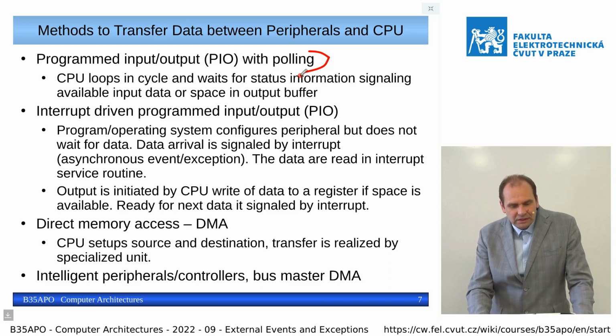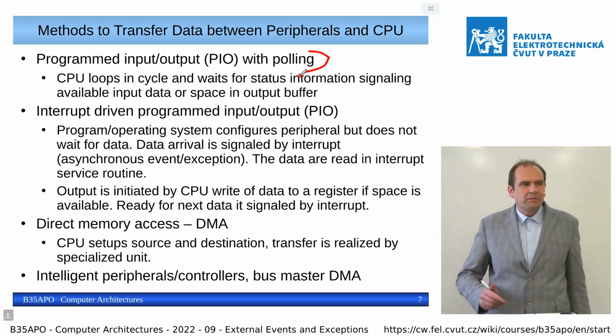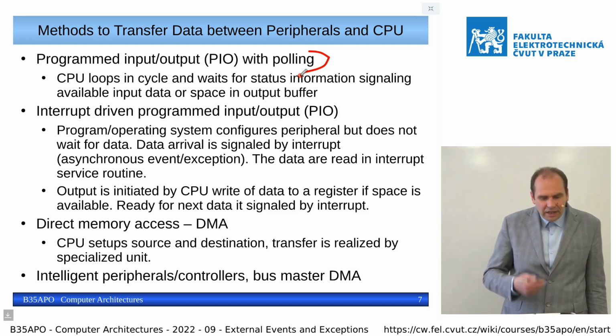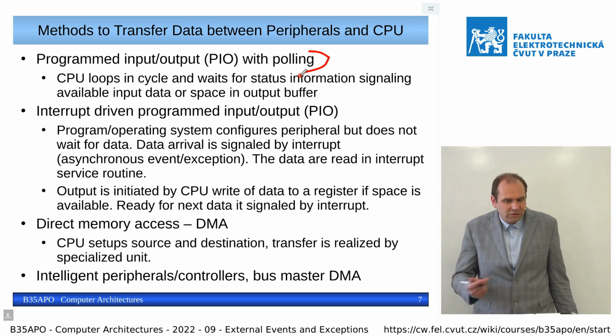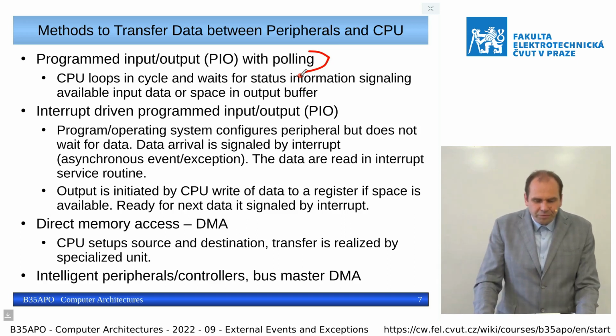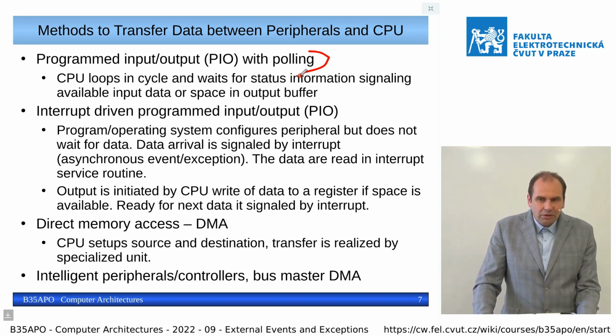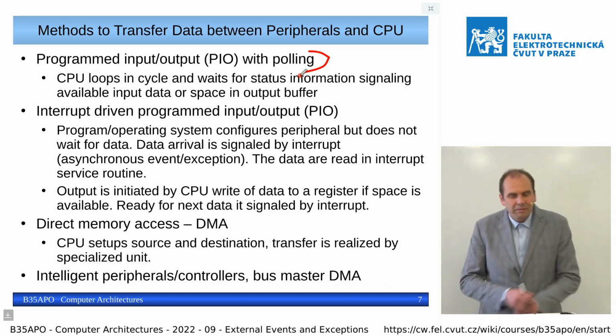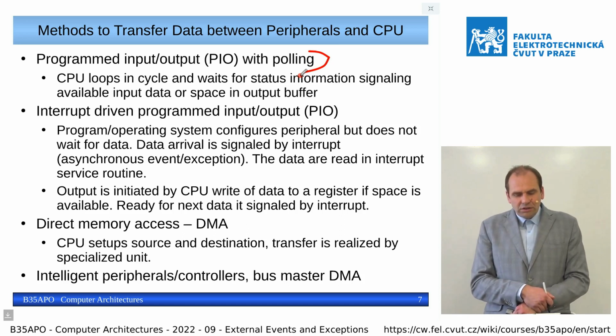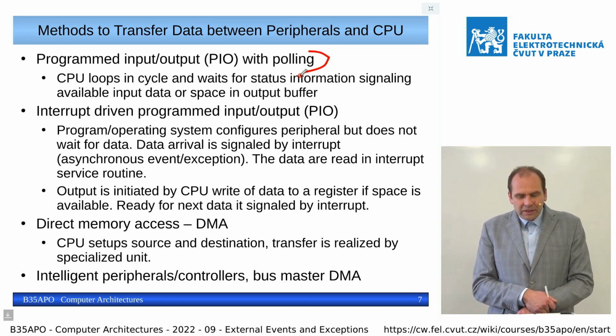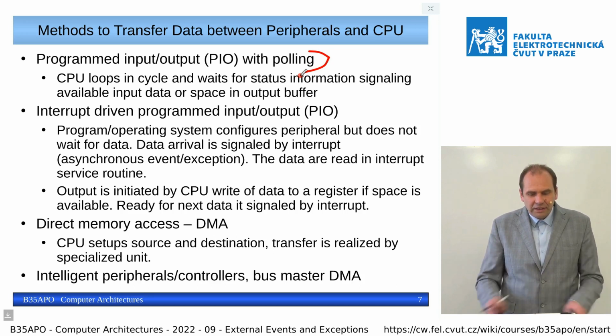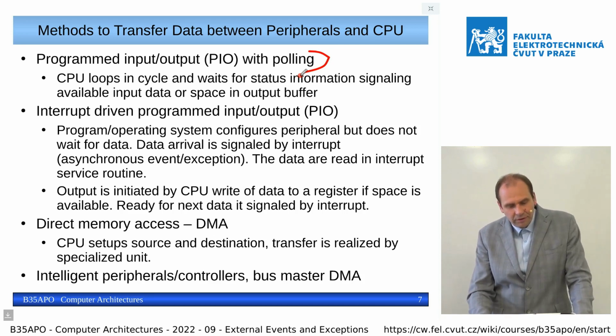But this mechanism wastes a lot of time because the CPU, which is usually fast, needs to do many cycles where it checks that there is no space to write data to be transmitted. On the input it is even worse, because you test whether there is a new character, and if nobody presses a key for a long time, then you waste all the processor power and cycles on checking if there is an input event or not.